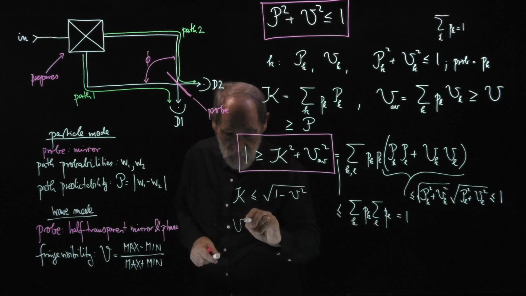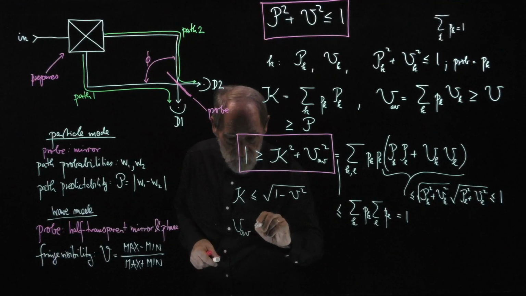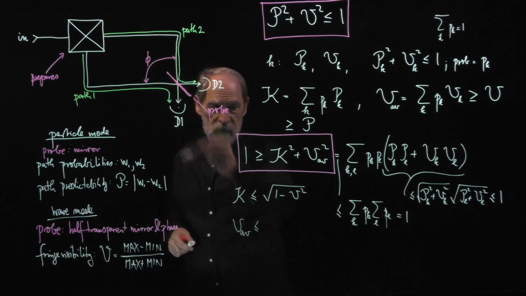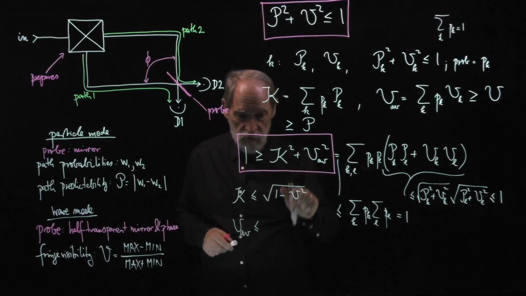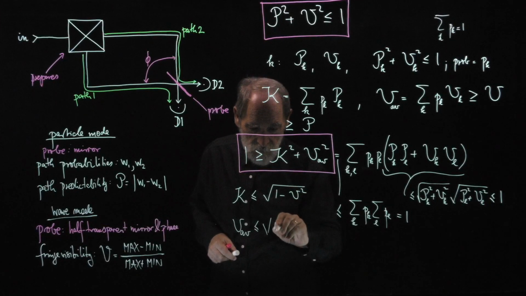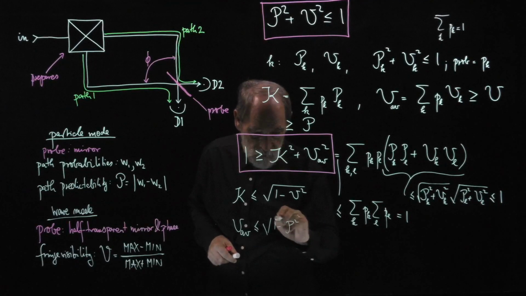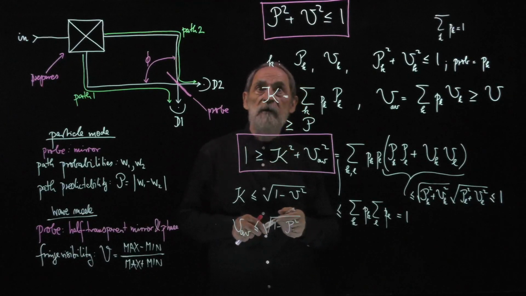And the average visibility that we can have, if we do the sorting such that we gain a lot of visibility that isn't there originally, is still bounded by the square root of 1 minus the predictability squared of the original ensemble.